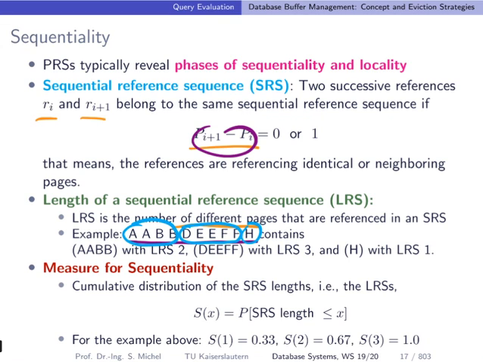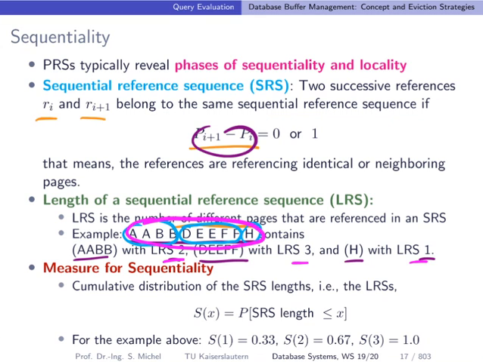And now we count how many different pages were referenced within these sequences. Here there's only A and B referenced, so the length is 2. Here we have D, E, F, so the length is 3. And here we have only H, so the length is 1. So for this example reference string, we have sequences of length 2, 3, and 1.